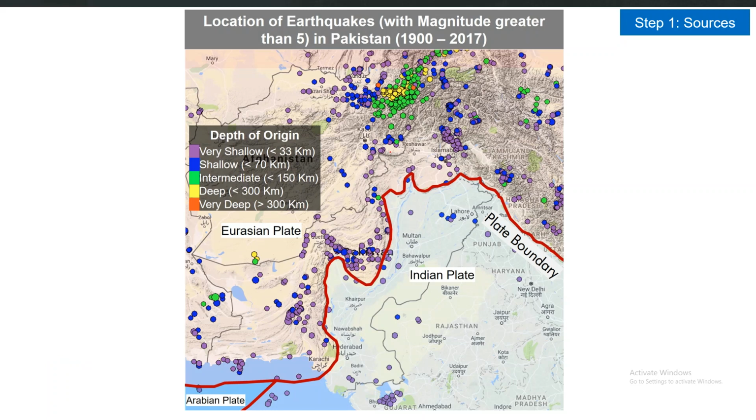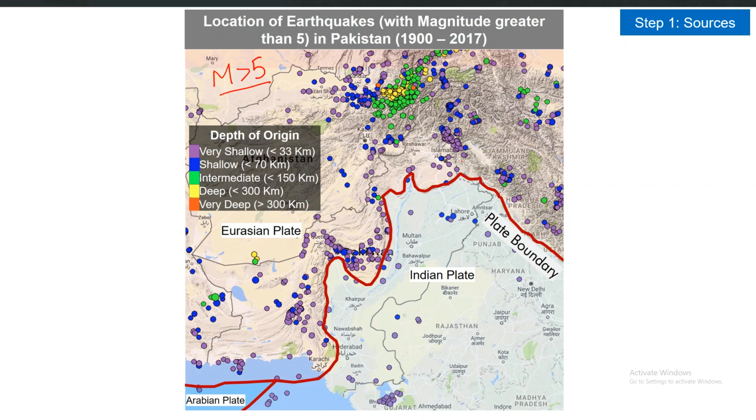This map shows the historical seismicity of Pakistan for earthquakes having a magnitude greater than 5. So this is for M greater than 5, and you can see each of the dots, they are showing the epicenter of all historical earthquakes, and the color of the dot shows the depth of the focus or hypocenter for each earthquake.